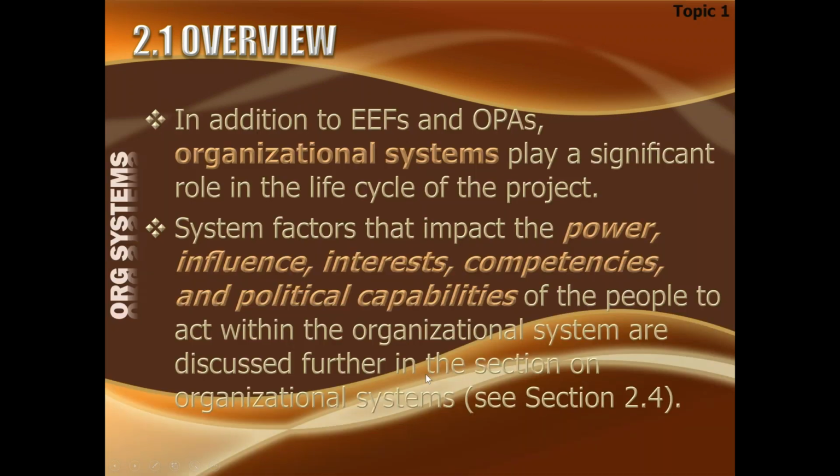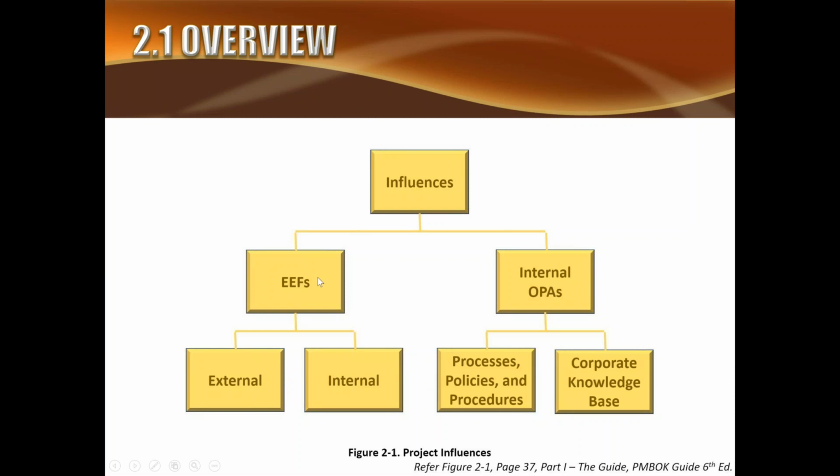Okay, so if you look at the influences, there are two types: enterprise environmental factors and organizational process assets. OPAs are internal, and EEFs are external or internal. Internal OPAs have the processes, policies, and procedures on one side, and the corporate knowledge base, which I said is editable, on the other side.